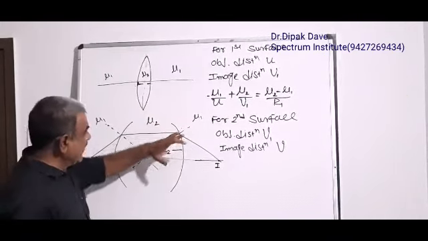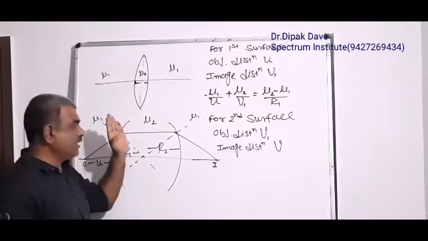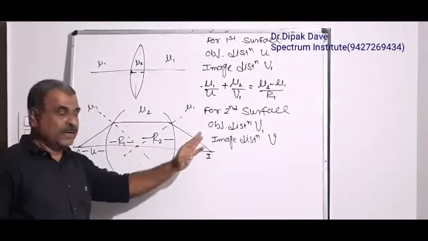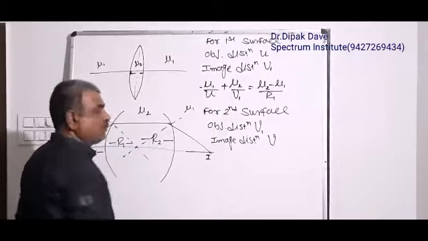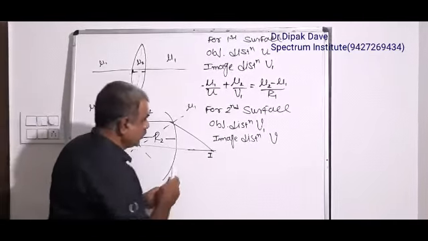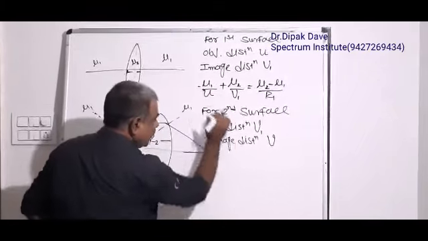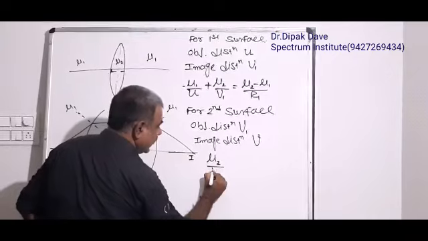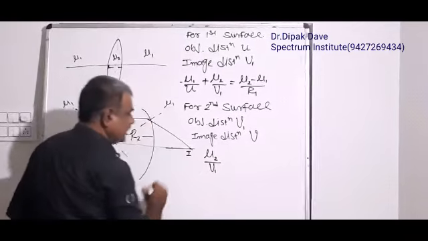But here light is passing from the medium having refractive index mu2 to the medium having refractive index mu1. So here mu1 and mu2 will also be interchanged.